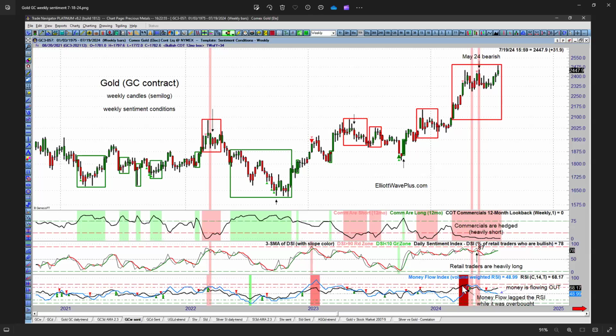In the case of RSI, that's over 70. The money flow was under it. So the money flow was lagging the RSI while it was overbought. That is not a good sign into this top. And now look at the money flow indicator. The money is flowing out. So this is not bullish right now on gold.